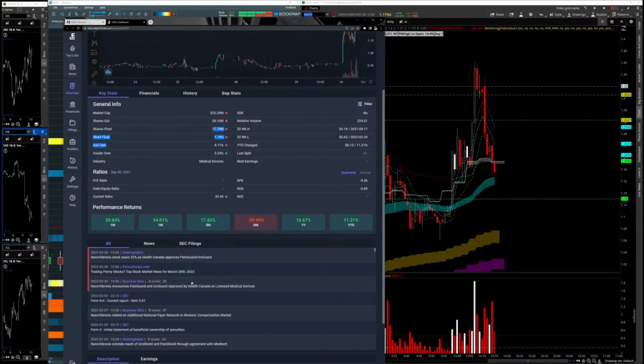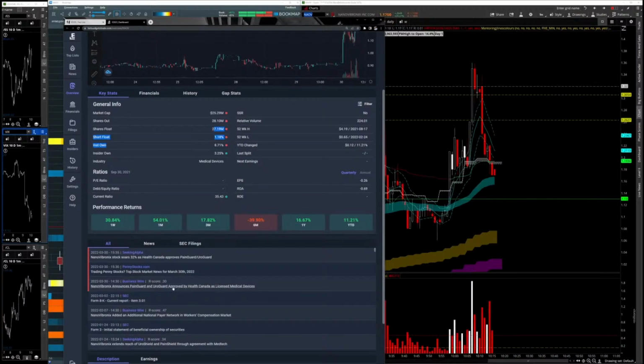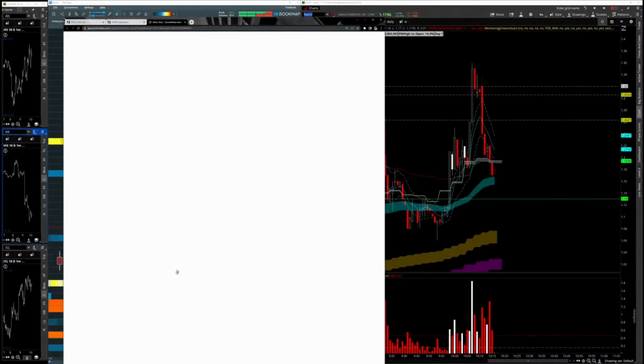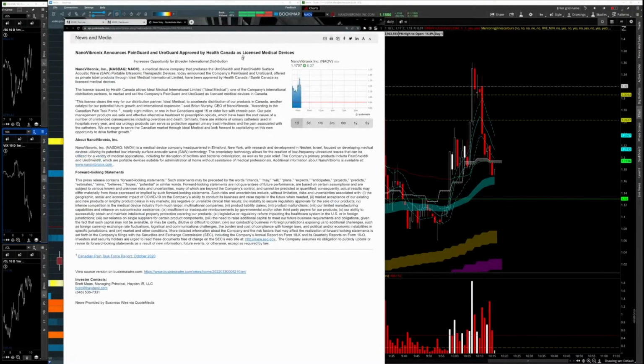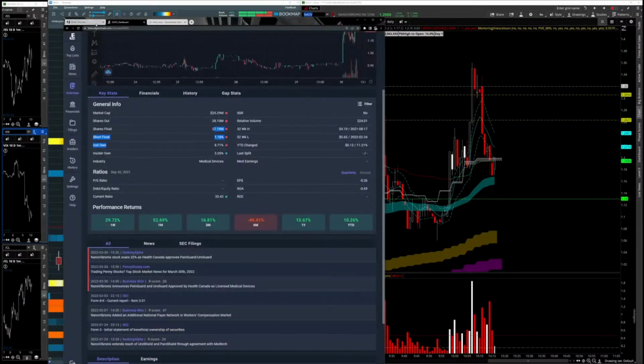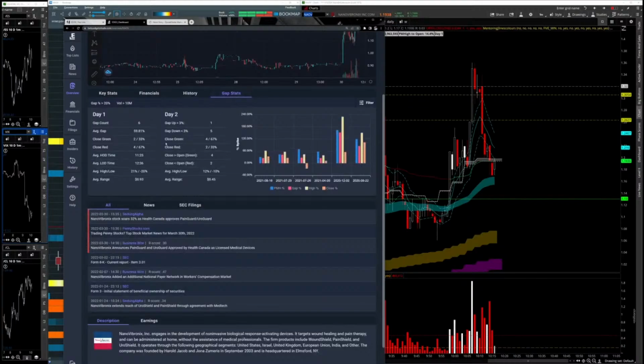Over here also the license, you can see it over here, so that's the news. Generally these news tend to fade, license agreement or contract agreement. And it basically has also history. We can see over here, gap stats, has history also fading on day one.